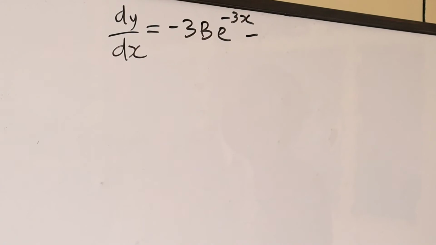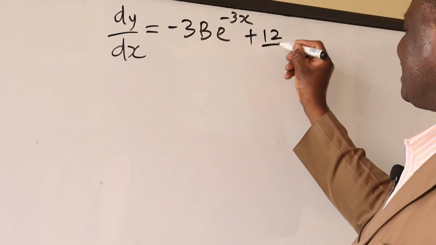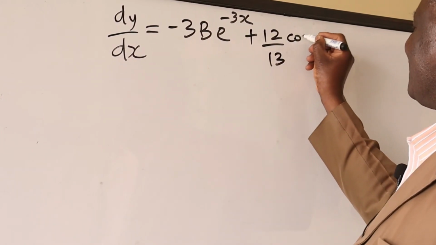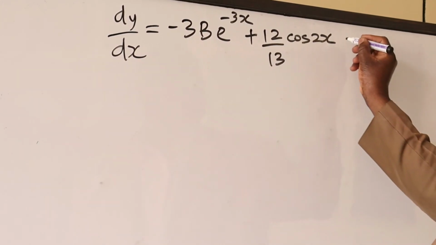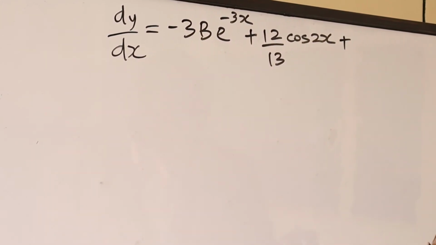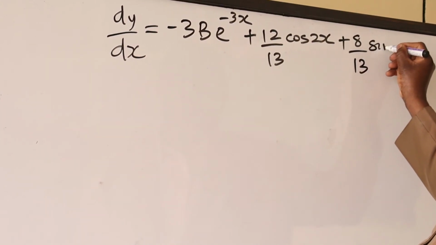When we differentiate 6 all over 13 sine 2x, we get plus 12 over 13 cos 2x. When we differentiate minus 4 over 13 cos 2x, a minus and a minus will be plus, plus 8 all over 13 sine 2x.